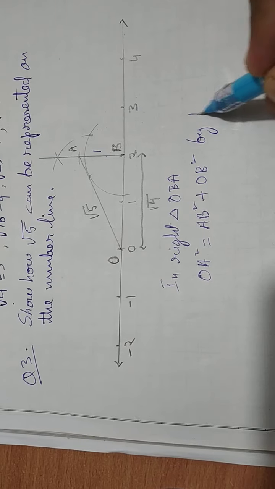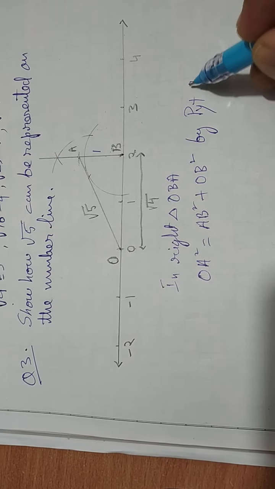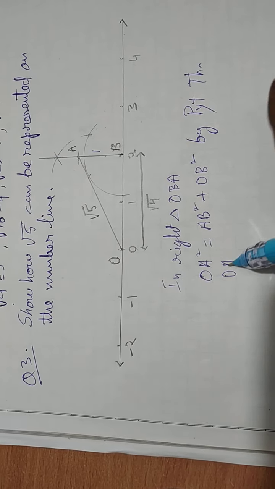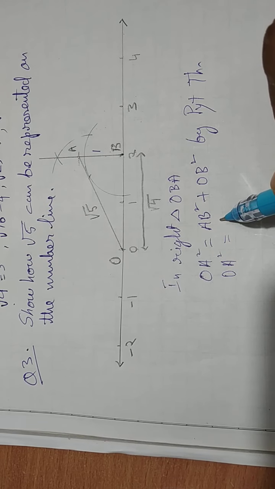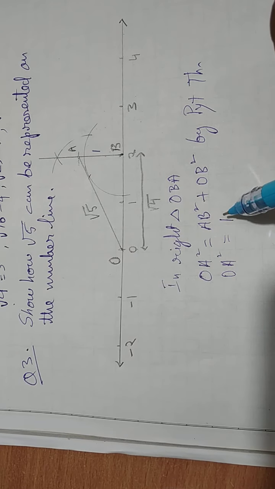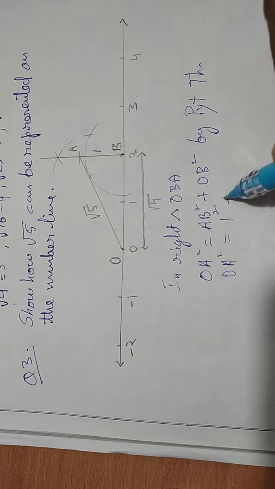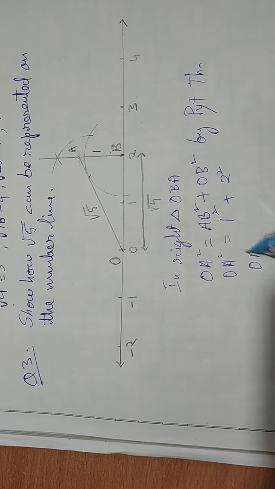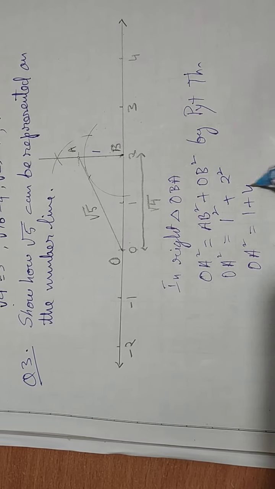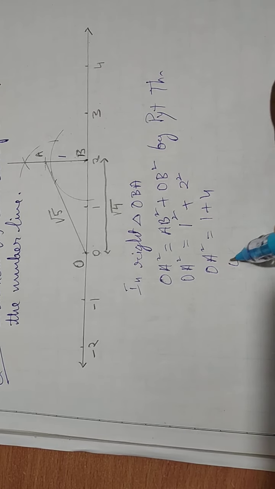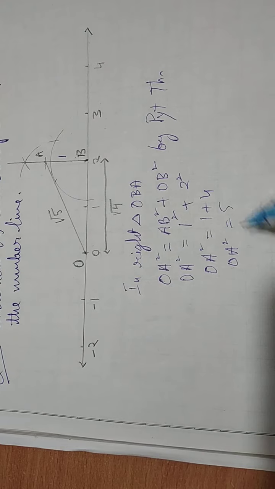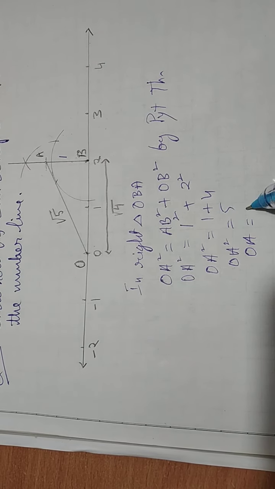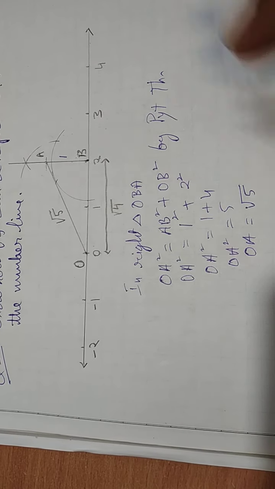This is by Pythagoras theorem. Now OA square is equal to 1, AB is 1 square, and this OB is 2, so 2 square. So OA square is equal to 1 plus 4, that is 5. So OA is equal to root 5.